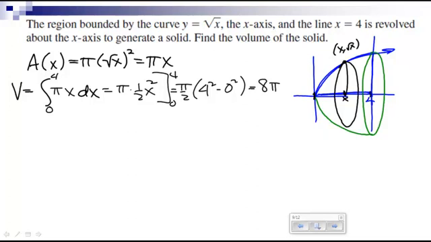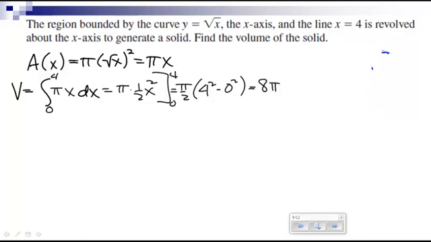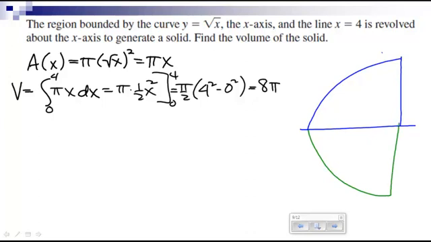All right. I'm going to do the same problem again, but I'm going to do it cylindrical. Just so that you can see it getting done on a solid that you feel comfortable with. Here we go. Erase. All right. So here is my region. When I revolve it, I get another region that looks just like it.